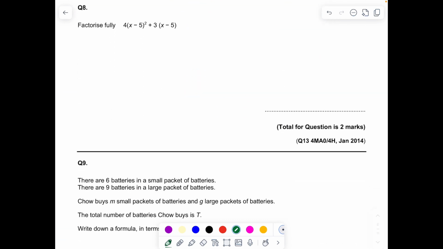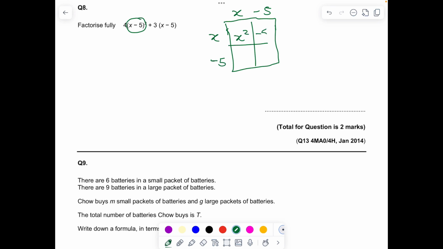Okay, this one for 2 marks, you had a lot of work to do. There is another easier way you can do it, but that's a bit further on with our maths. So hopefully a lot of you expanded this bracket, x minus 5 times x minus 5, which gave you x squared minus 5x minus 5x plus 25.